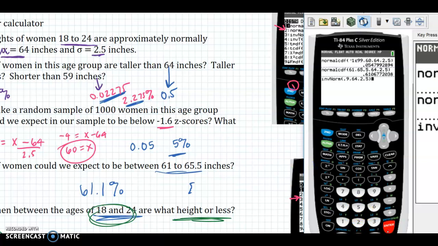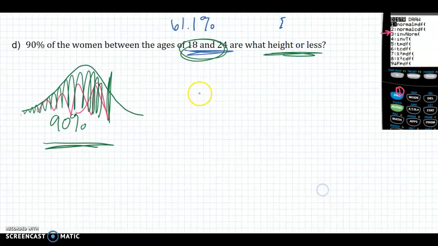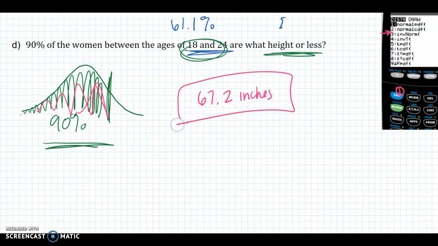Paste that in. 67.2038. So 67.2. So 67.2 is bigger than 90% of people.